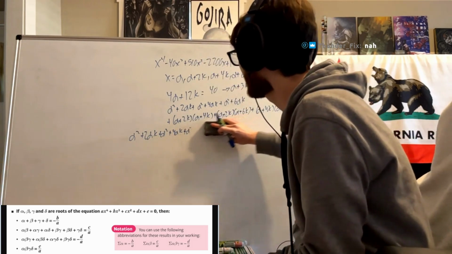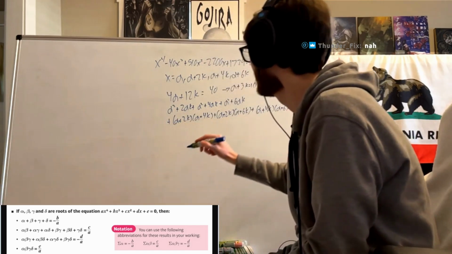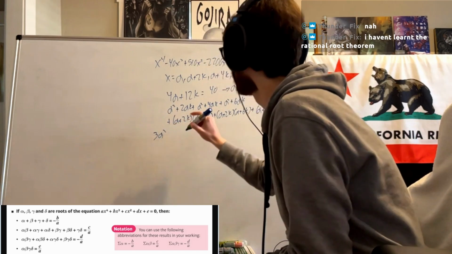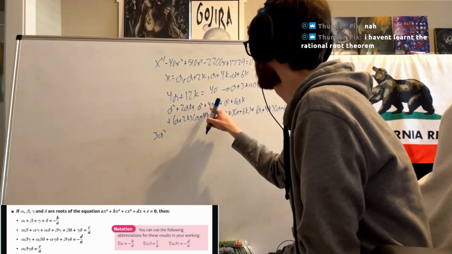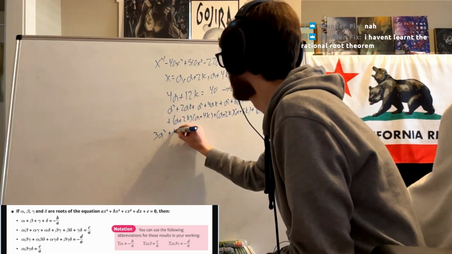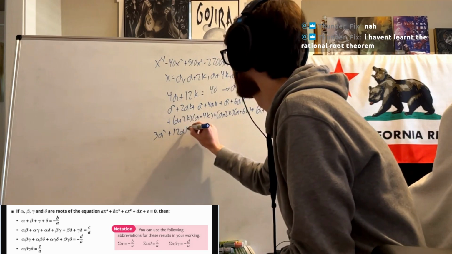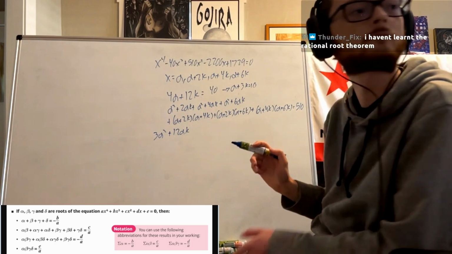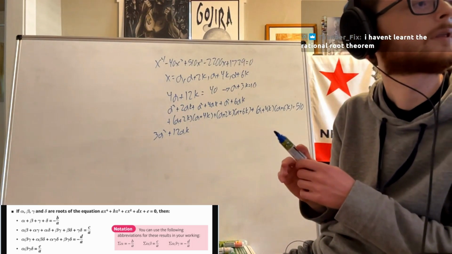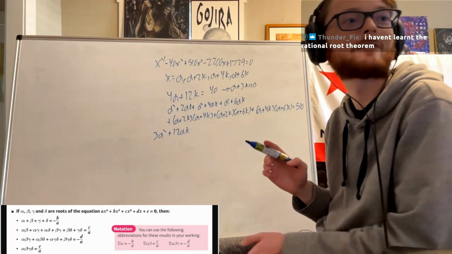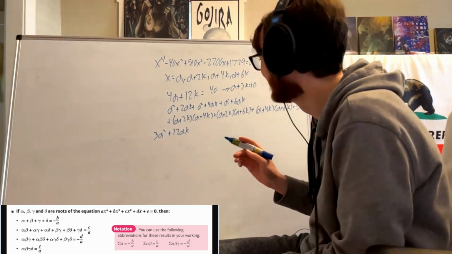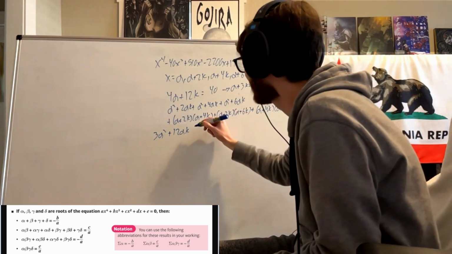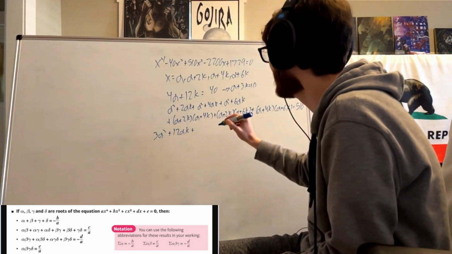Save myself a little bit of work before I get to the multiplying. 3 alpha squared. 2, 6, 12. You haven't learned the rational root theorem? Oh god, I think it'd be a bit easier. Or it wouldn't be the easiest, but it'd be easier than this busy work here.